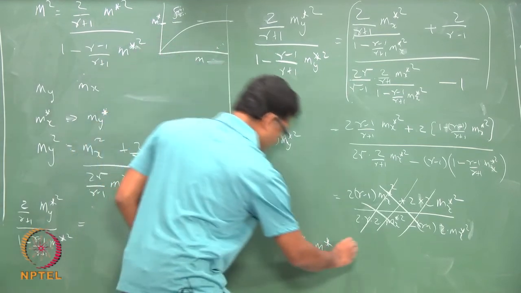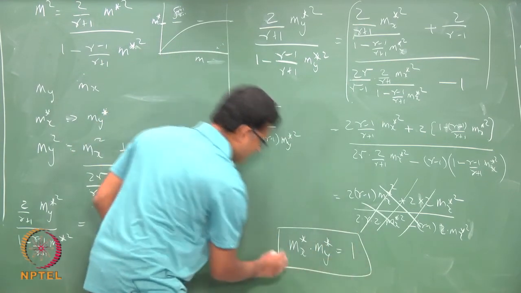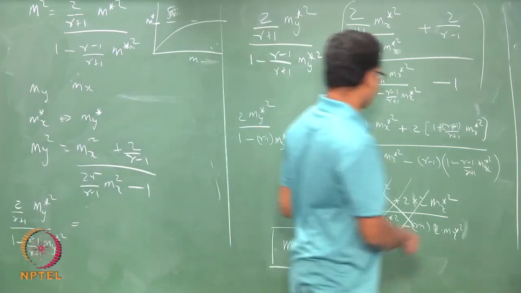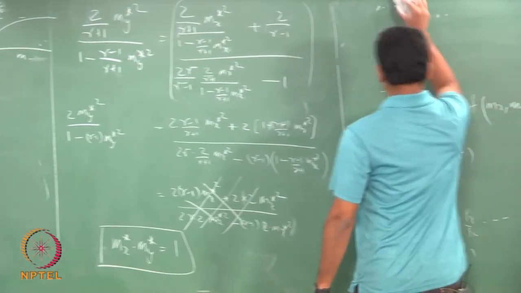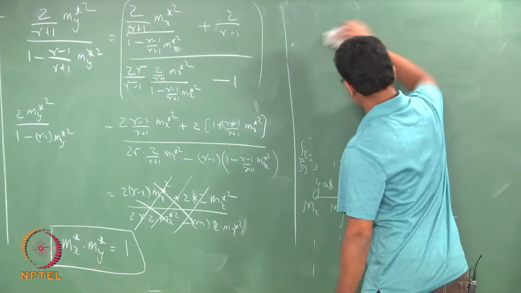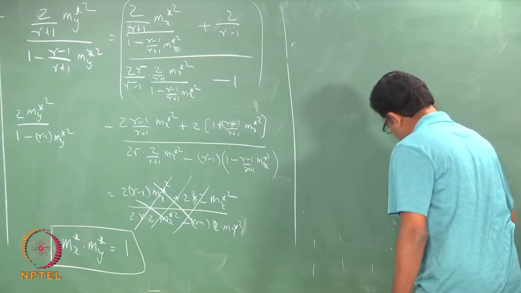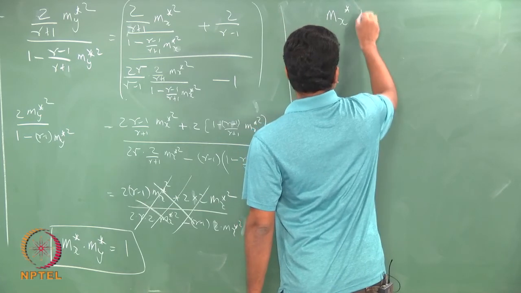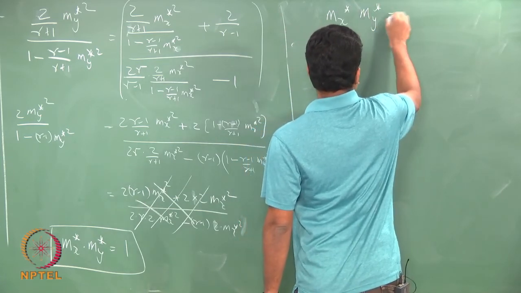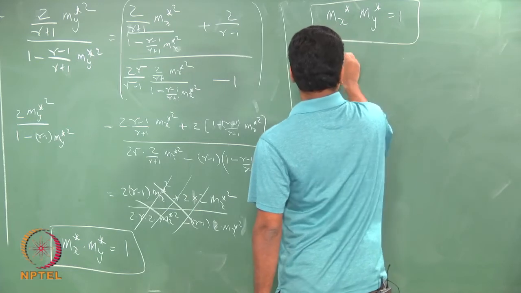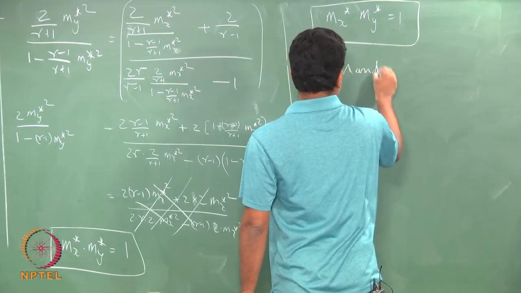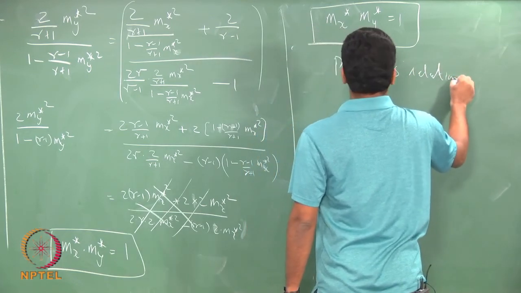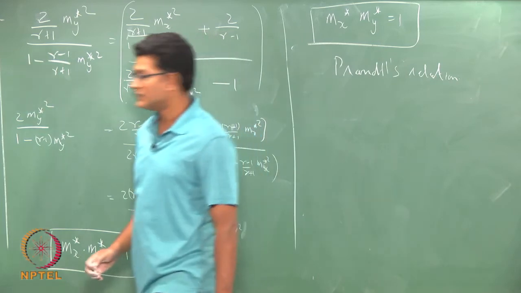Mx star times My star is 1. Okay, so if I do the algebra a little more carefully, I should get this relation, which is called Prandtl's relation.